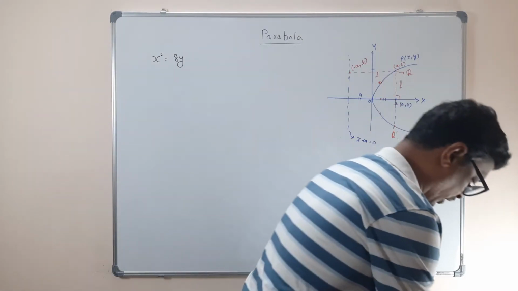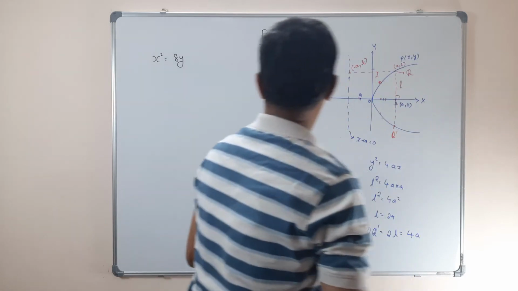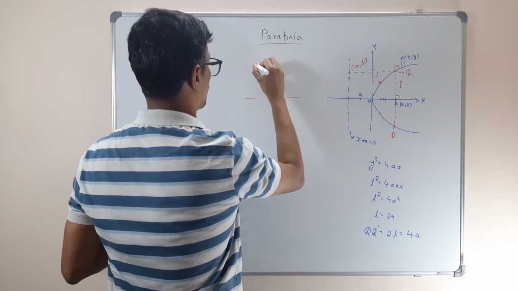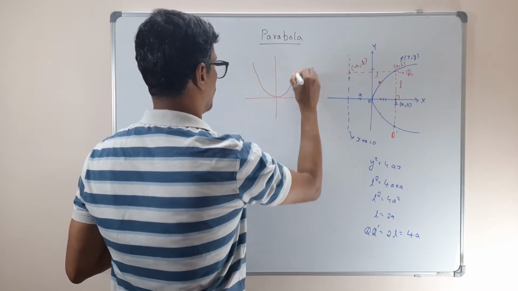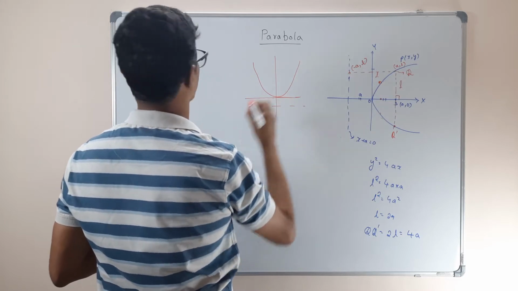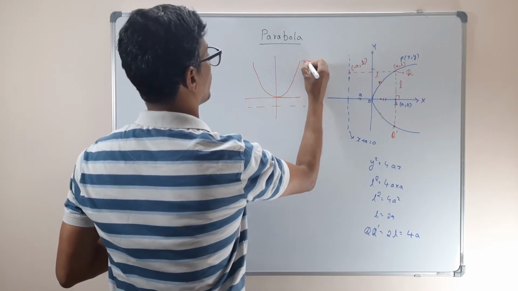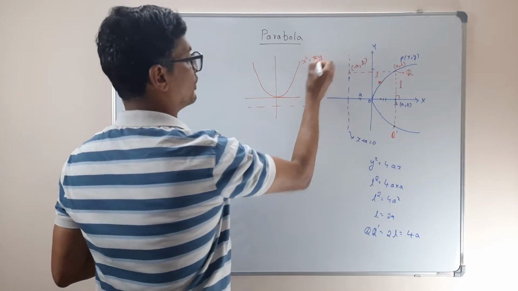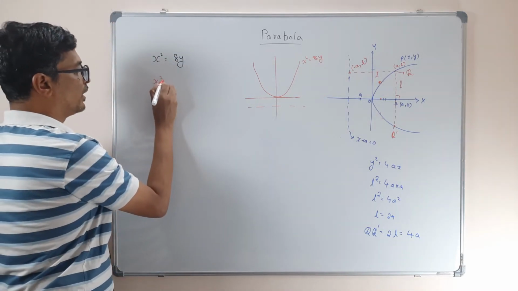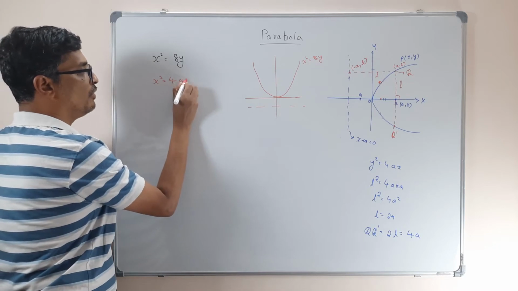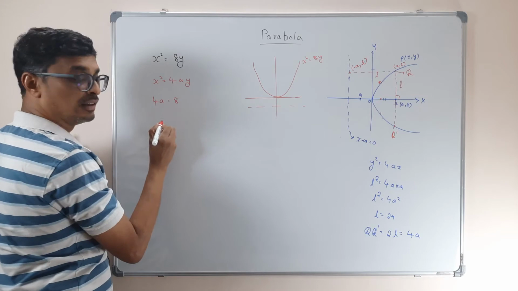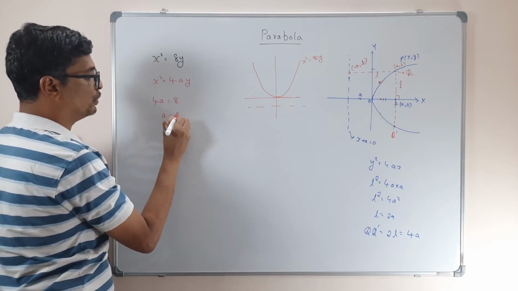Let us draw the parabola we have. In the exam you don't have time to draw the parabola, but you should. This is your x square equal to 8y. The general form of that parabola is x square equal to 4ay, so 4a is equal to 8. Therefore, a is equal to 2.